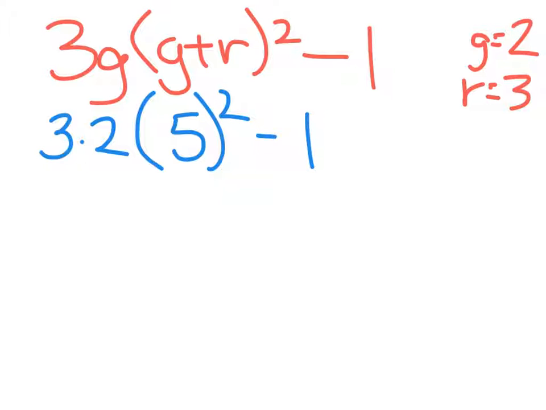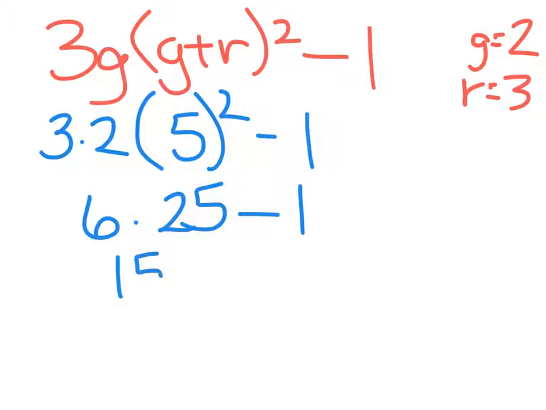Alright, parentheses first. 25. And then, can't subtract yet. 3 times 2 is 6. 6 times 25 minus 1. I think 6 times 25 is 150, minus 1. Looks like 149. I'm doing okay. What do you know?